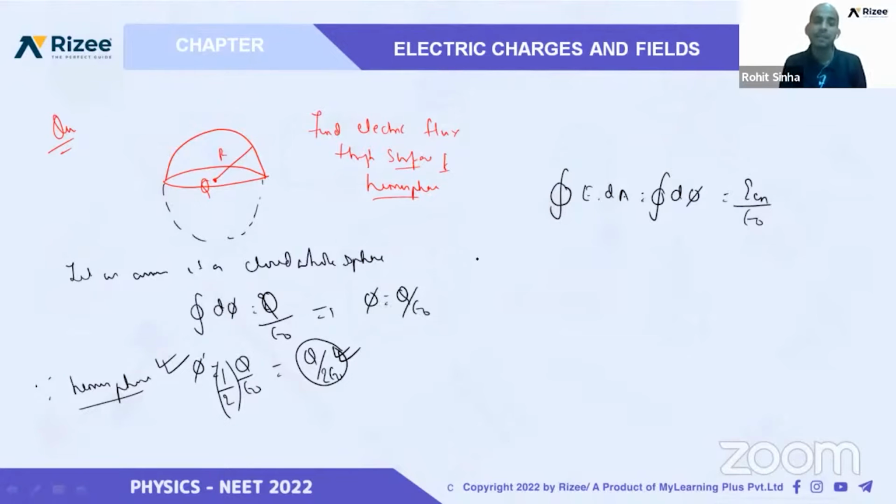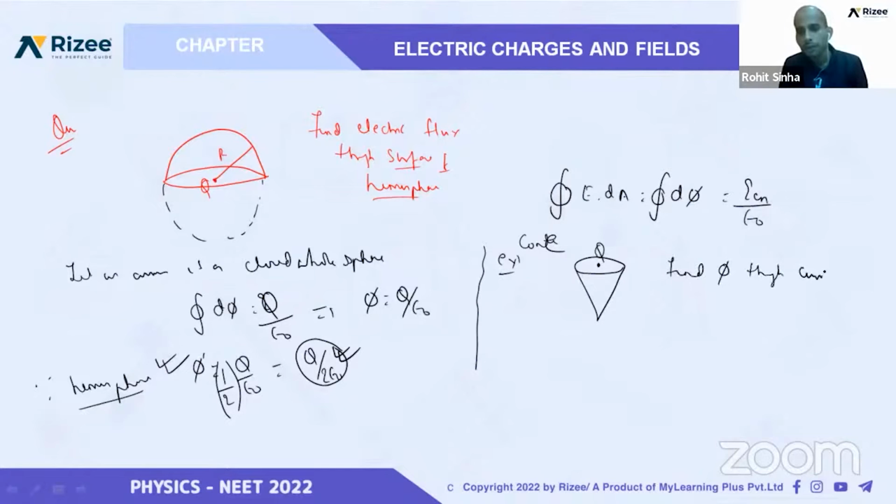Now let me take one example also, and try to give you one question. Suppose we are having a cone like this, and for this cone, let us suppose a charge is present here, and you have to find the flux through the curved surface.